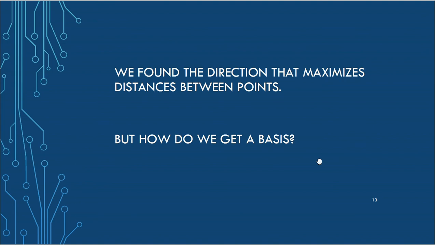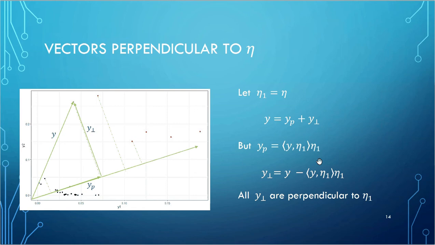But from one eta, how do you get a basis? We want n etas like that. That's not too difficult, because we have this eta, and we can find a vector that's perpendicular to eta. We know the first eta. For every y we have a parallel component and a perpendicular component.